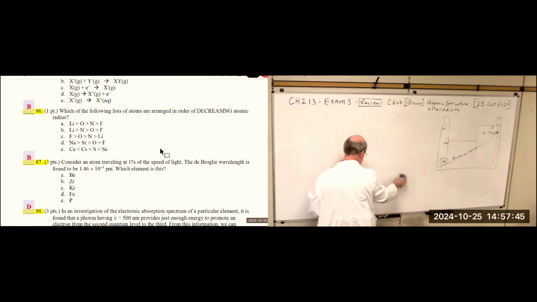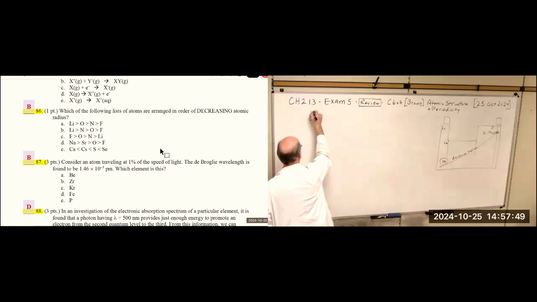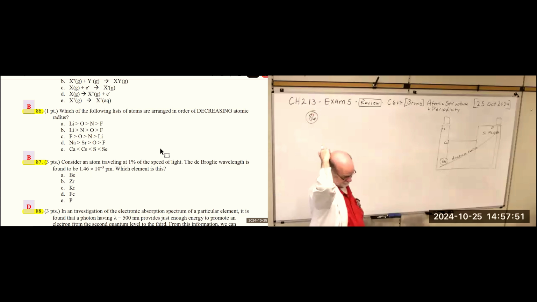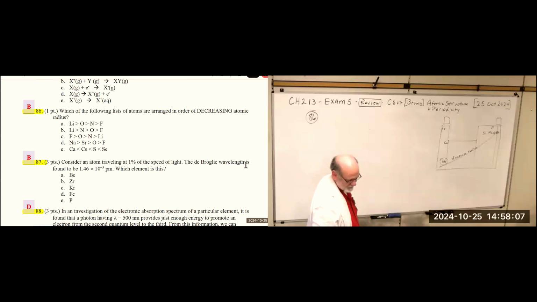'86 coming up. Which of the following lists of atoms are arranged in order of decreasing atomic radius? All right, let's see. What do we have to work with? Lithium, oxygen, nitrogen, fluorine.